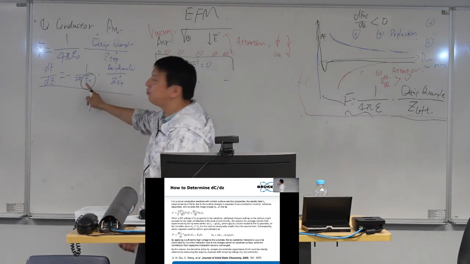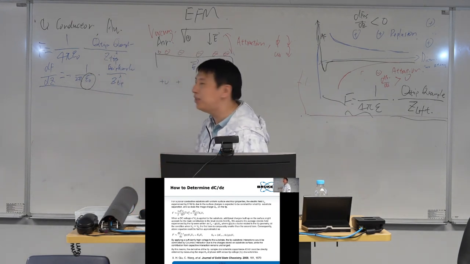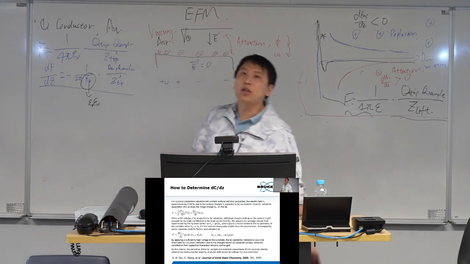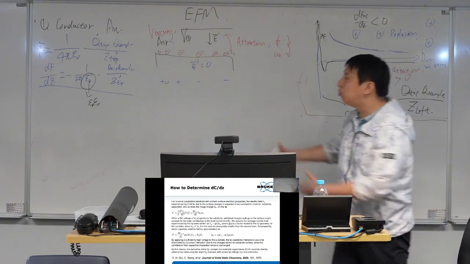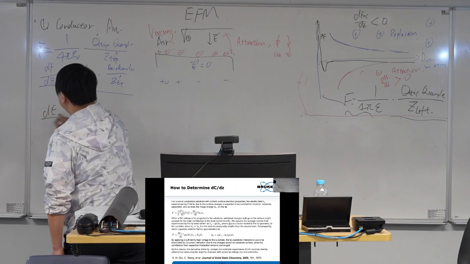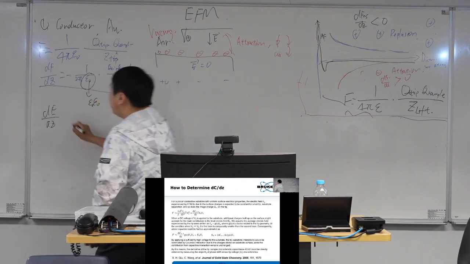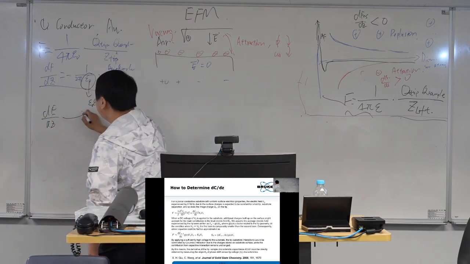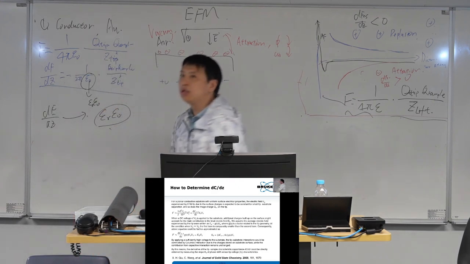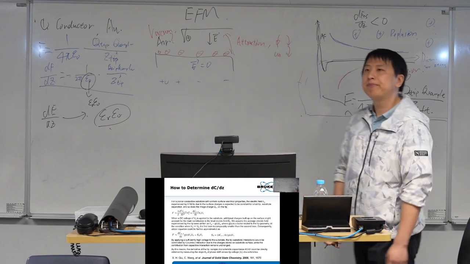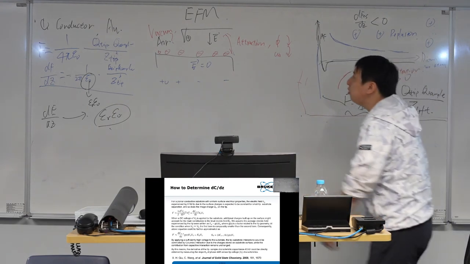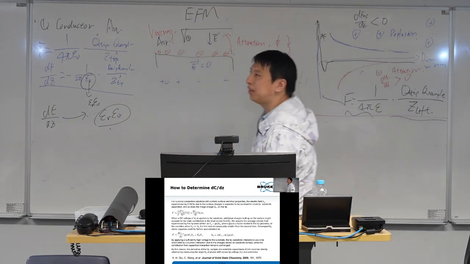This one will change from vacuum's dielectric coefficient to the medium's dielectric coefficient. So we can tell from here, this so-called dF over dZ, we are actually detecting the dielectric coefficient.